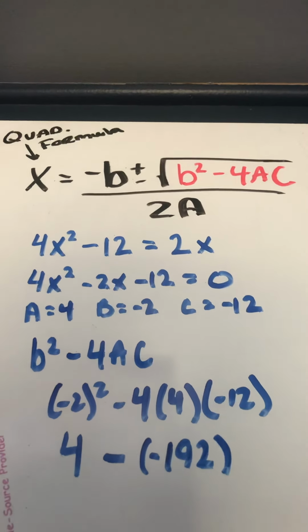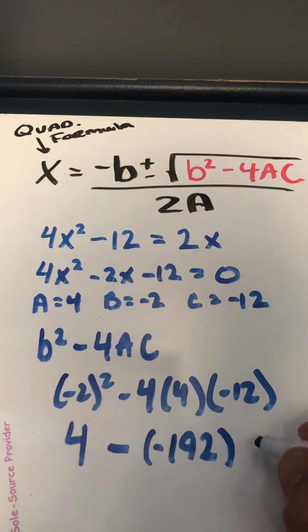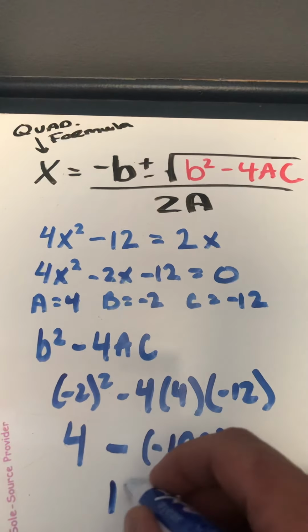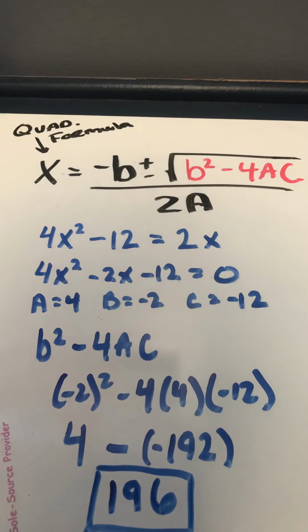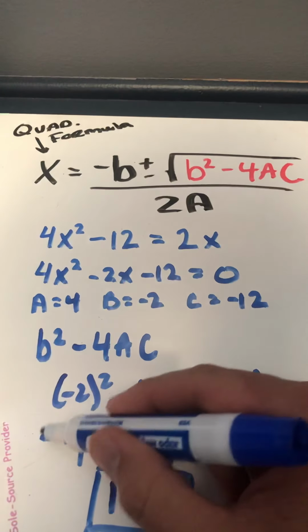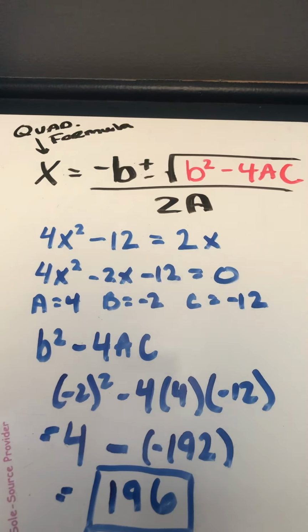From here, 4 minus 192 is really 4 plus 192, or 196. This is the value of our discriminant. I should put some equal signs here and here, as this line is equal to this line is equal to 196. Again, to find out how to use that value to predict the number of solutions, check out the next lesson.